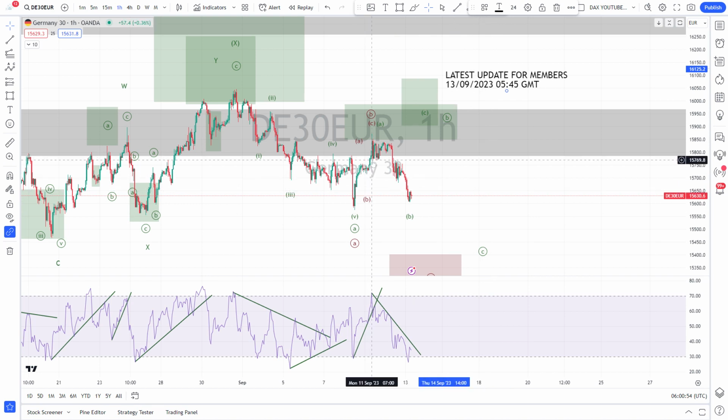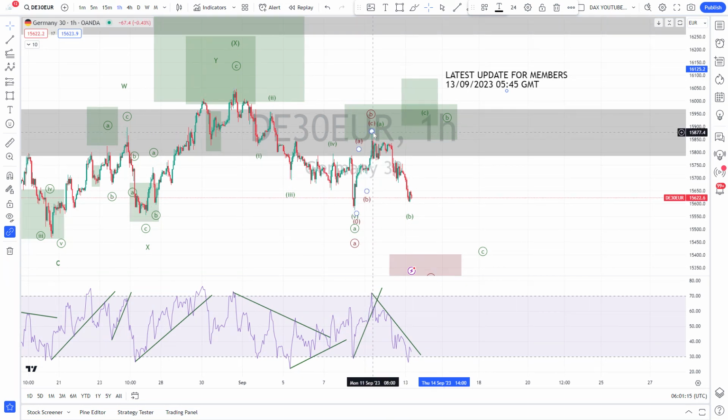However, I made a forecast, and so I think there are two possibilities. I will start with the secondary one, here indicated in red, and the secondary one was that this here was our wave A, that we had a wave B to the upside as an ABC structure.